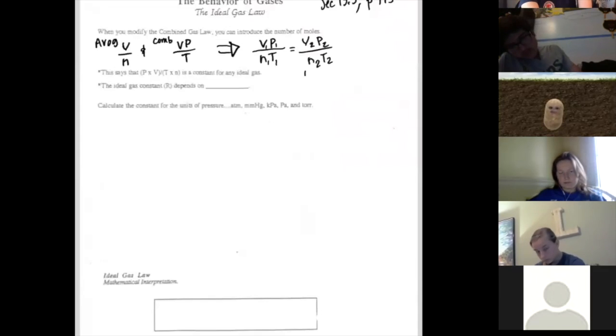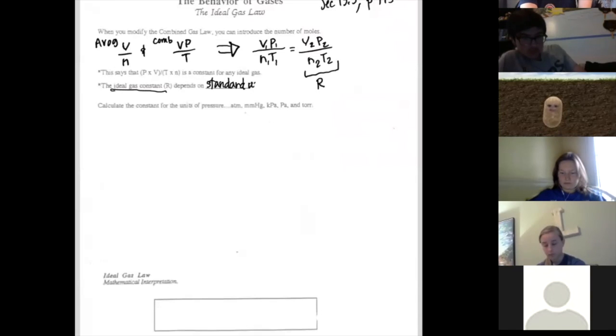This side of the equation, we instead call it R, or the ideal gas constant. This is dependent on standard units. And the standard units would be, let's just list them, 1 mole.